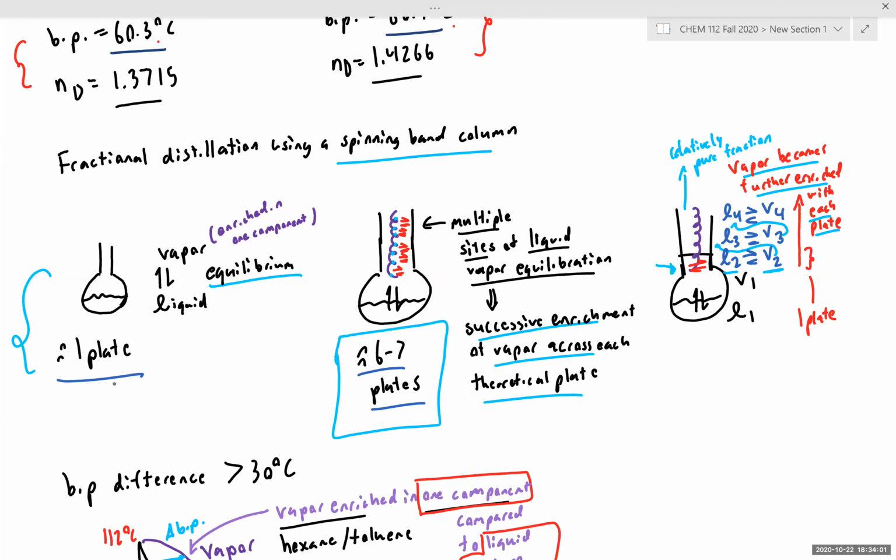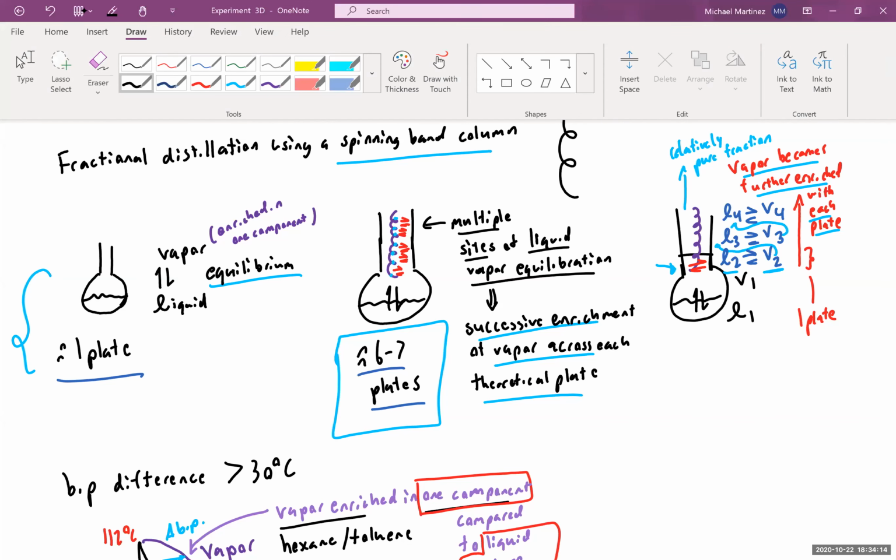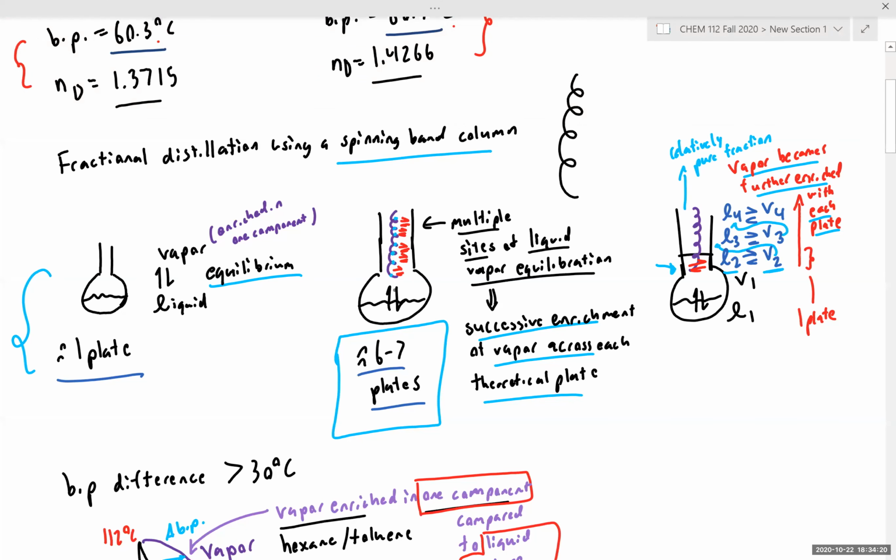Now, in fractional distillation, we utilize a spinning band column. A spinning band column is designed with a Teflon band that rotates, embedded in our column and in the neck of our distillation column.